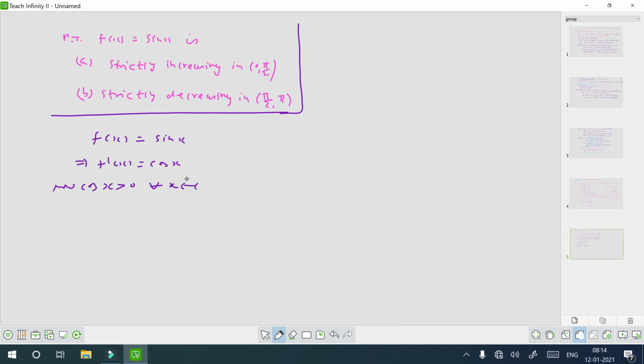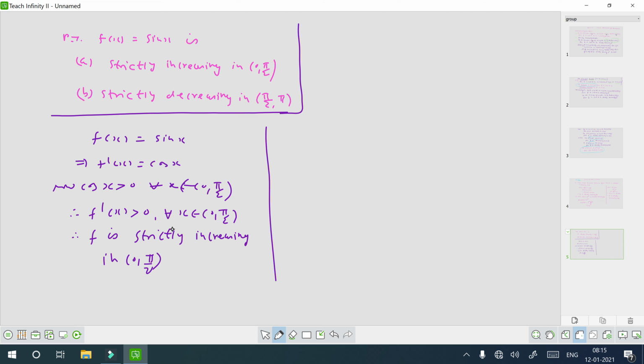First quadrant cos function positive, and therefore f dash x is greater than 0 for all x belongs to open interval 0 to pi by 2, and therefore f is strictly increasing in open interval 0 to pi by 2.